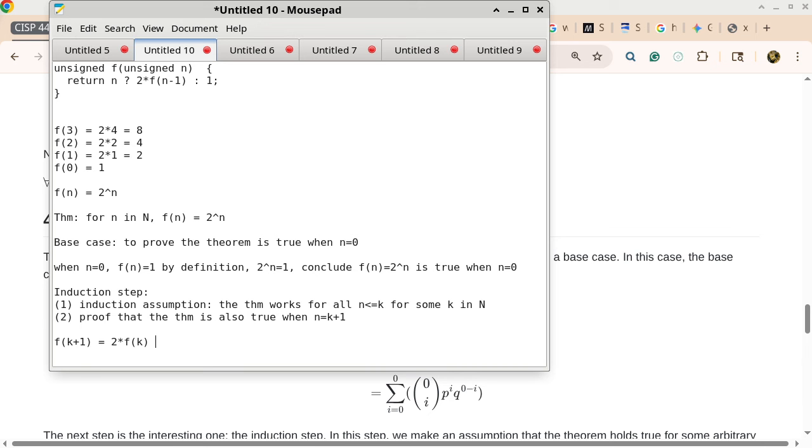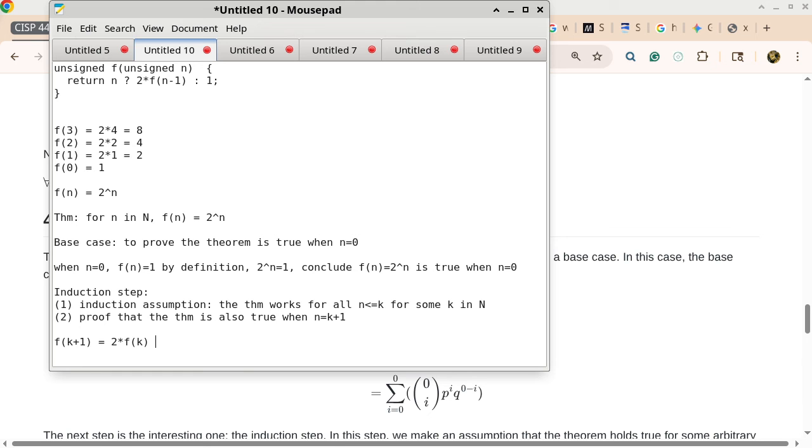Since I see some nods, I see some non-nods, but I don't see any heads turning. Okay, we have one head turning, so go ahead. This is by the definition of the function up here, because k is a natural number, we already established that from here.